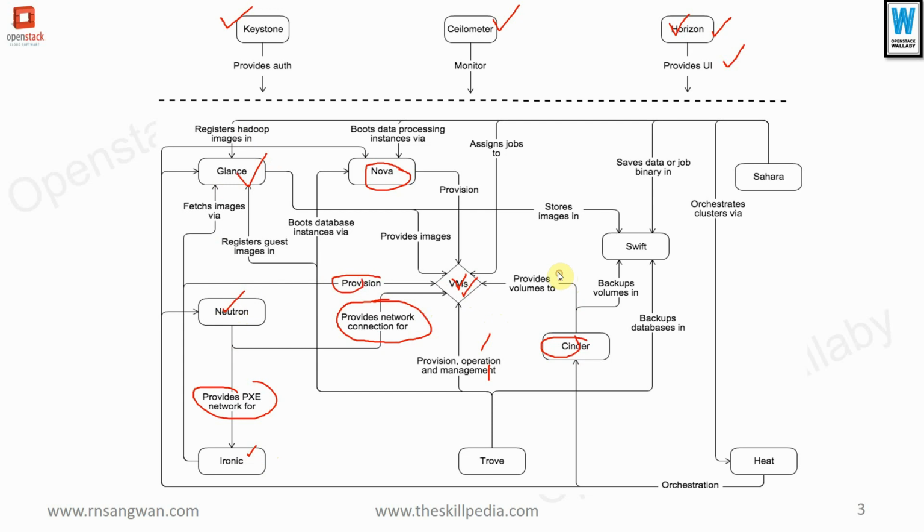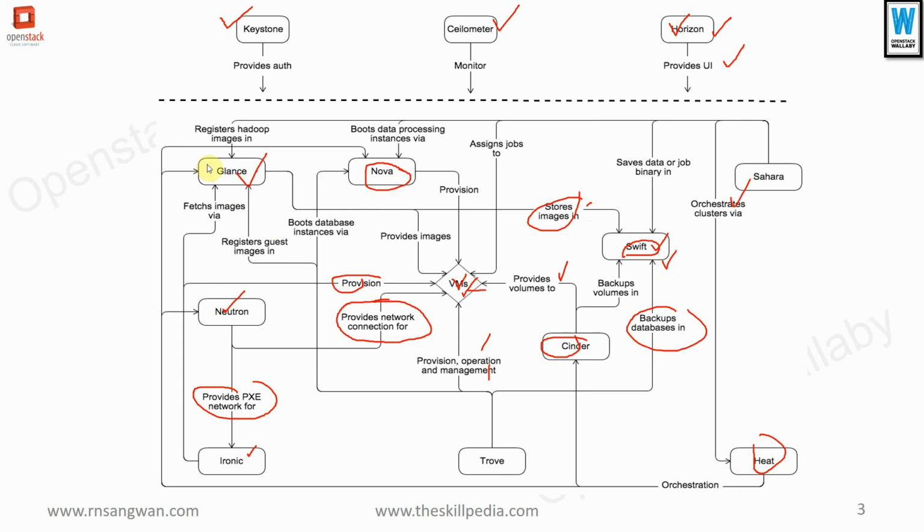Cinder provides volumes to your virtual machine. Swift stores images. Glance images are stored in Swift object storage. Even when you are taking a backup, it is in object storage, which is Swift. Heat orchestrates the cluster; that is the stack orchestration service.